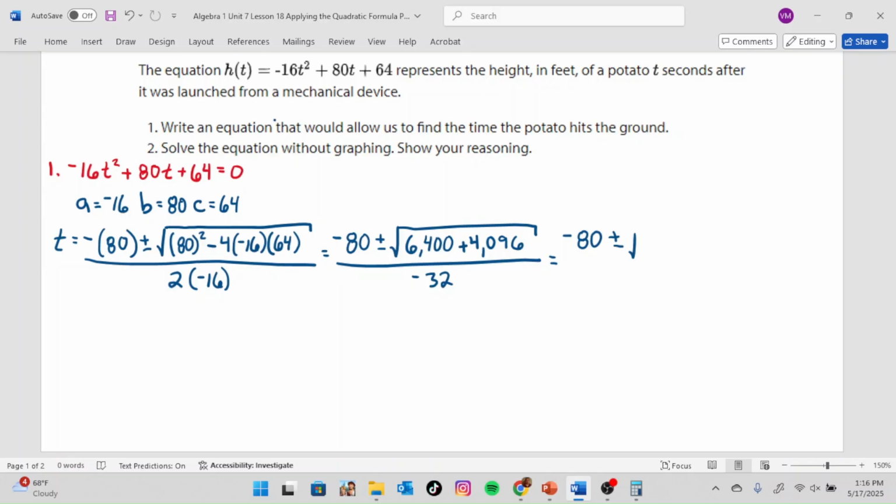So now we have the square root of 6,400 plus 4,096. That's going to be 10,496.